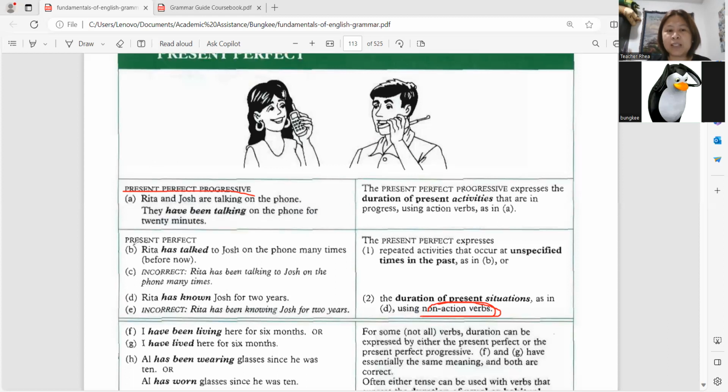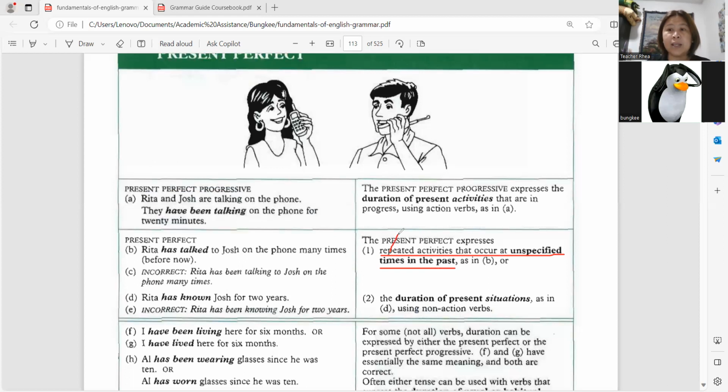So you can use the present perfect with non-action verbs. The present perfect progressive expresses the duration of present activities that are in progress, using action verbs. And the present perfect tense expresses repeated activities that happened at unspecified times in the past.